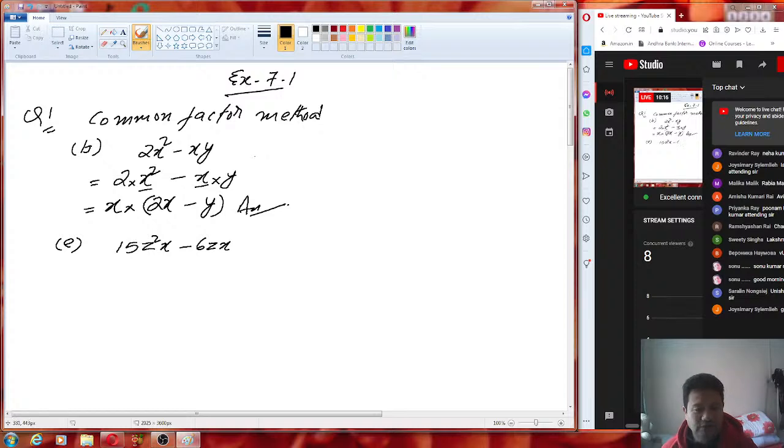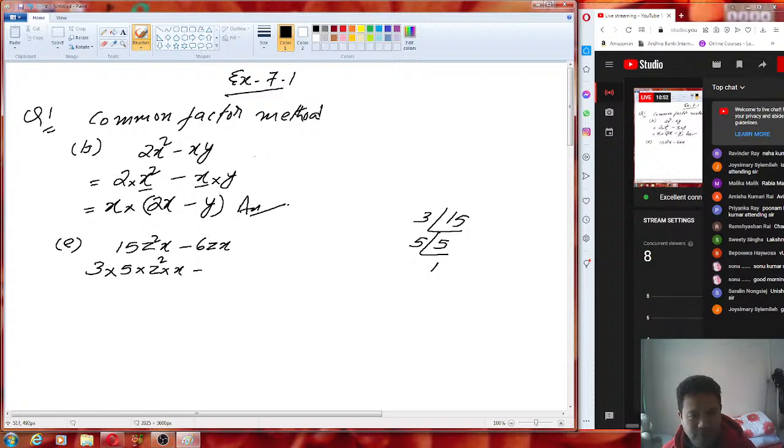As I told you just now, before we understand the common factor, we have to first know the factor of each term. So in this case 15, which is a number here, we can split into two factors. How? As you know, the factors of 15 are 3 and 5. 3 fives are 15 and 5 ones are 5. So we forget that one, only 3 and 5. So we get 3 into 5, which is 15. Then we get z square and we get x.